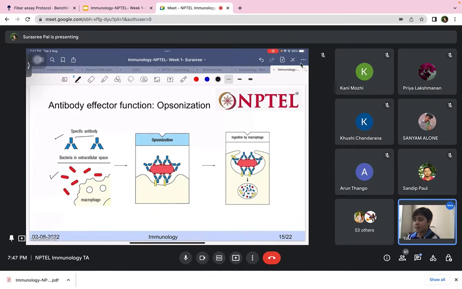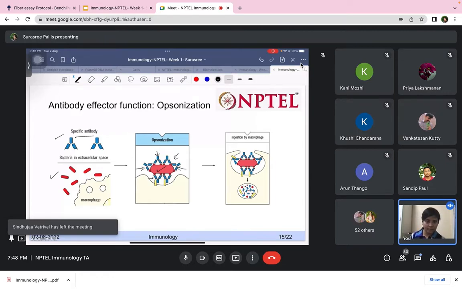These antibodies then coat the bacteria, so the bacteria is coated by many antibody molecules specific to the epitope present on its surface. This coating of the bacteria by the antibodies allows the macrophages to engulf and ingest the antigen-antibody complex. So how does that take place?